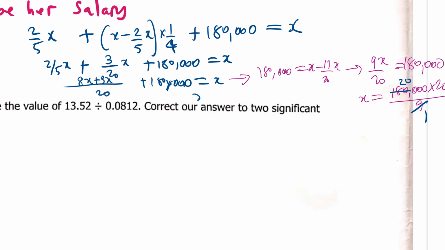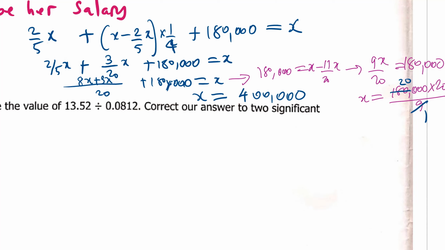So the value of XC, the salary required... wait just a minute. By 9 it was 20,000 times 20, you get 400,000 shilling.